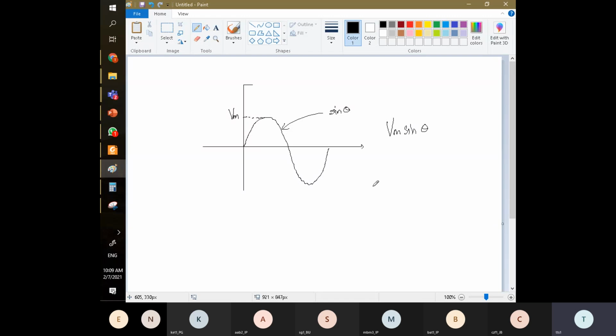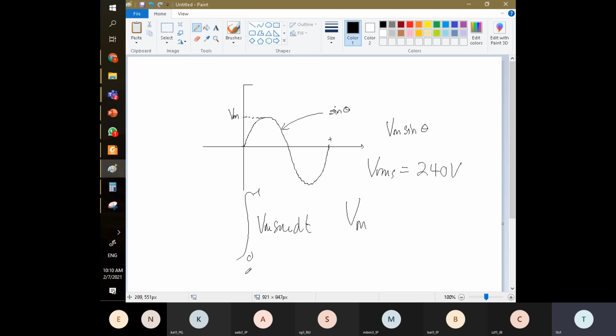So the function here is Vm sine theta, right? If the VRMS is given as 240 volt in Malaysia, then the Vmax, if you work out using the integration from 0 to this t here, Vm sine omega t, you work out everything.